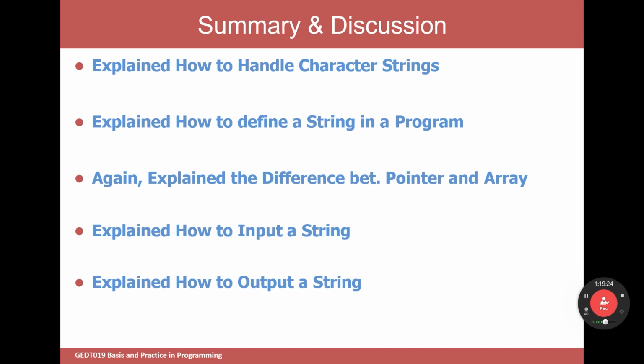We also saw several functions for strings, like string compare, string concatenation, string length, and searching for keywords in a string. And also today we saw how we can create an array that contains structures, and those structures contain strings, and how we can handle this.